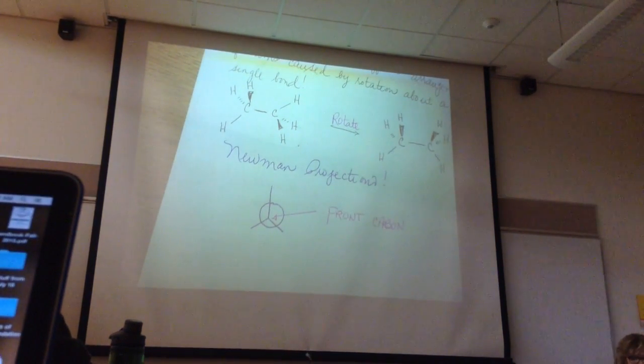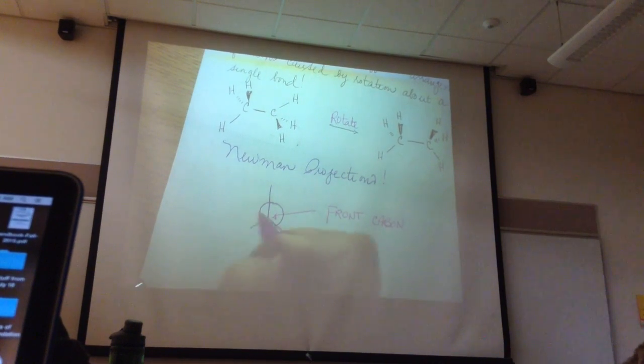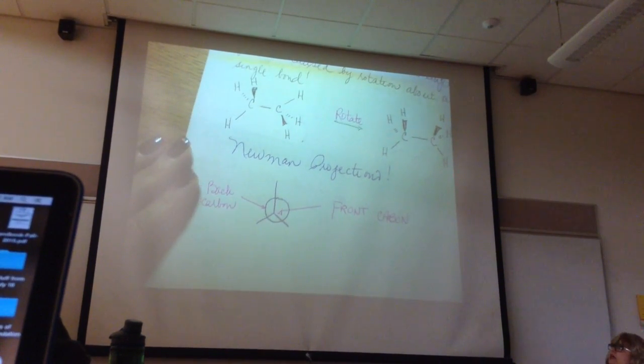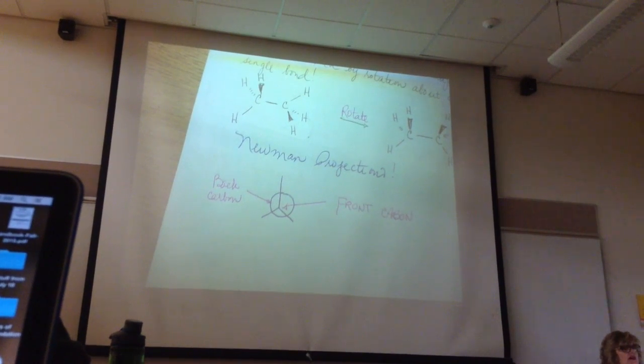So that circle represents the back carbon. What you're not seeing here are the hydrogens that are on this, okay?